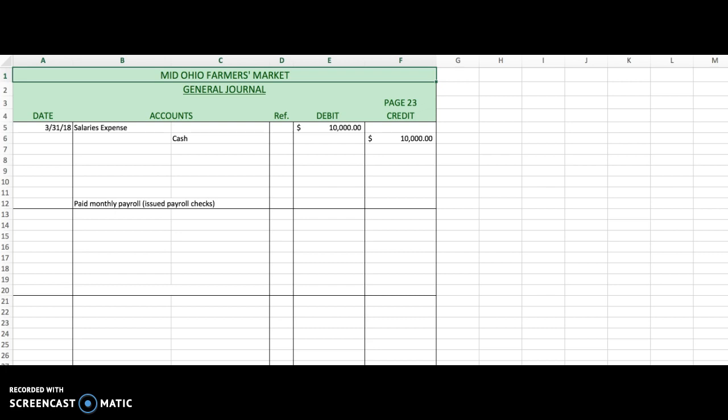So when we talked about some of the deductions in the videos, you learned about federal and state taxes, something called FICA, local taxes, and a number of other types of deductions that are possible.